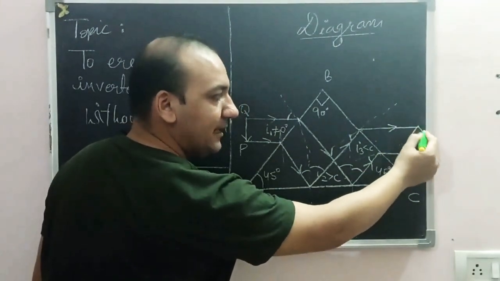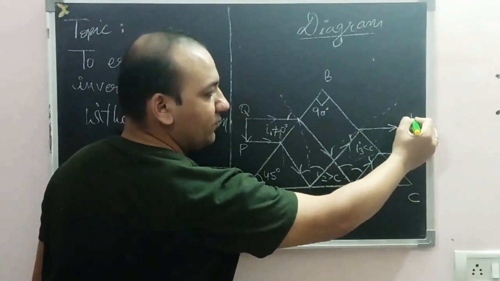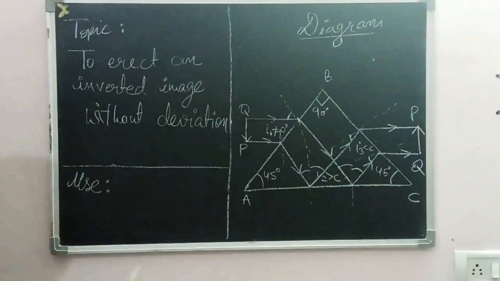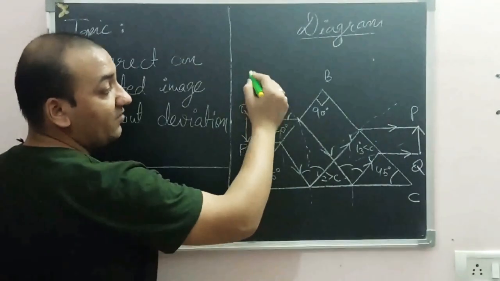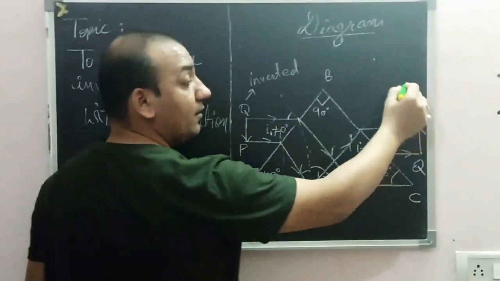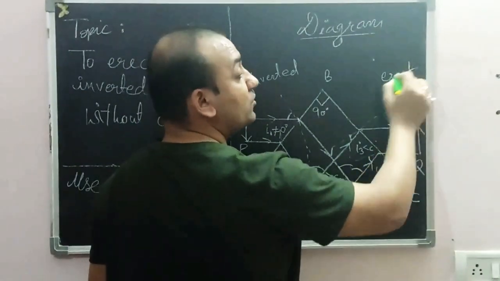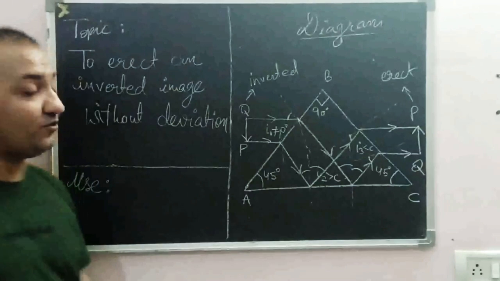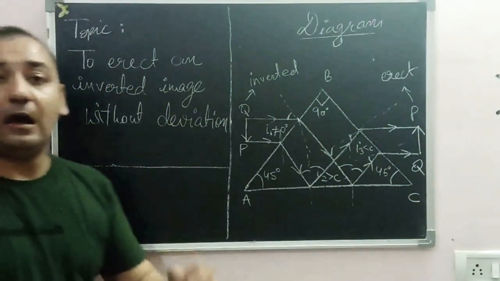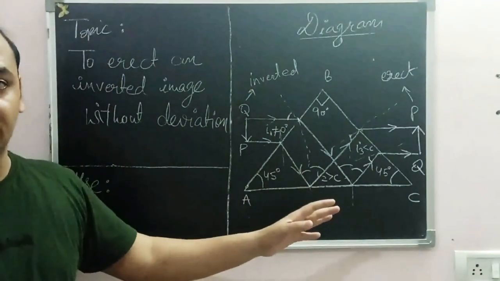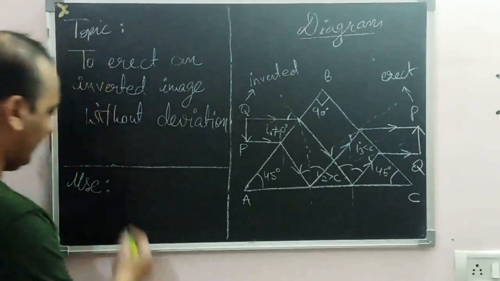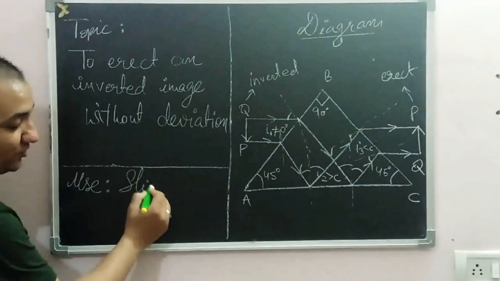So this is basically the projection, which is P and that's Q. If you observe over here, as we can clearly see, this is inverted, wherein this one is erect. So we have reached our conclusion, which is we have created an erect image out of an inverted one without any deviation. There's no deviation in this condition, and this phenomenon is practically implemented in a slide projector.